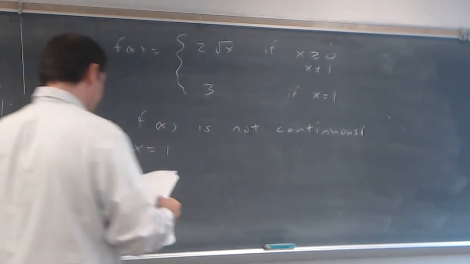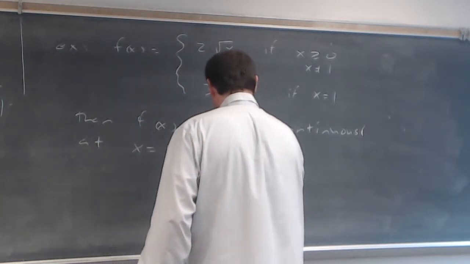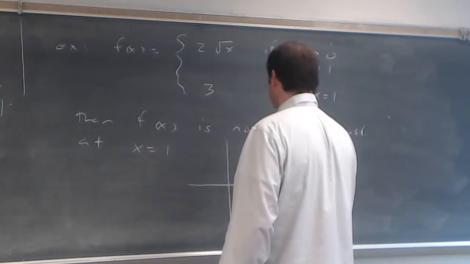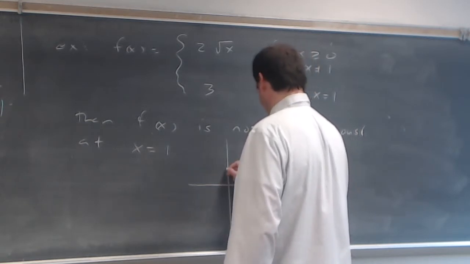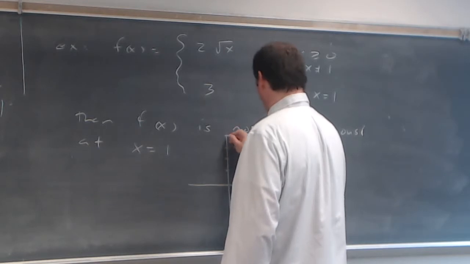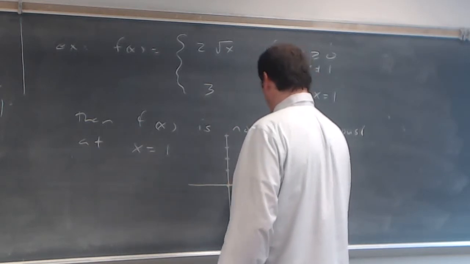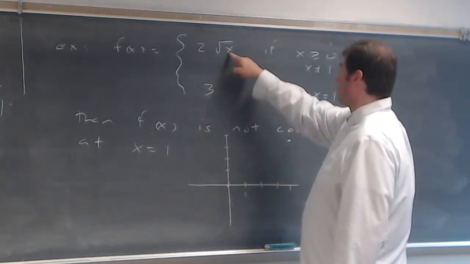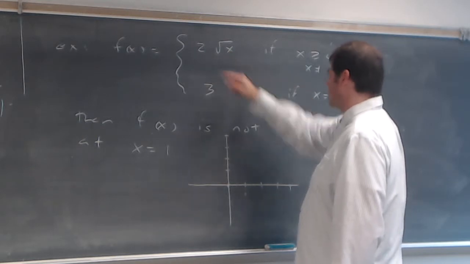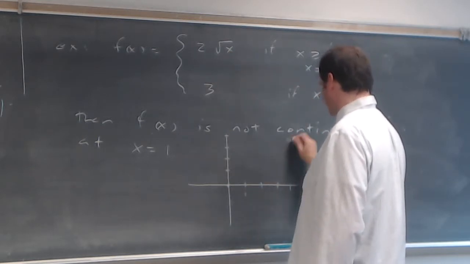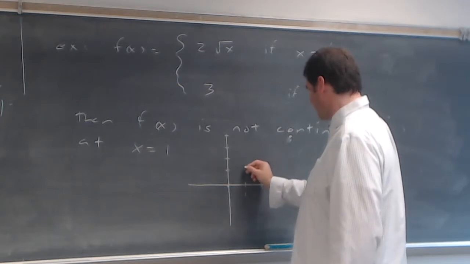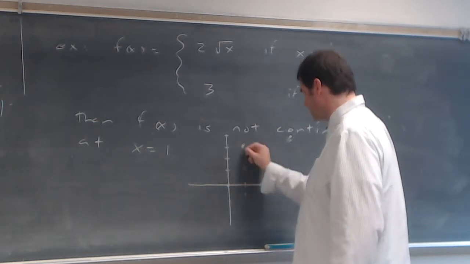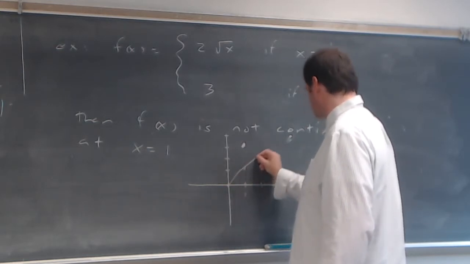And we can see this pictorially. So here's 1, 2, 3, 4. When we let x be 0, we get out 0. When we let x be 4, square root of 4 is 2, 2 times 2 is 4. And we have this hole here. It would normally be at 1, 2, but it's missing. Instead, it's up here.